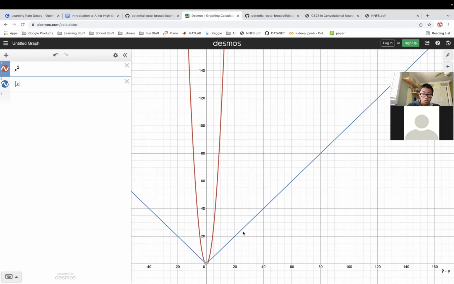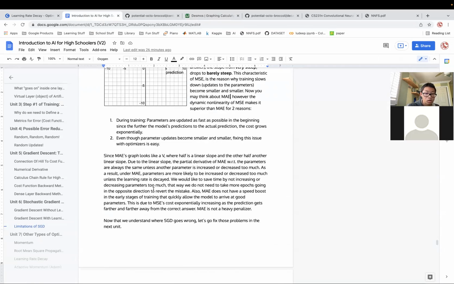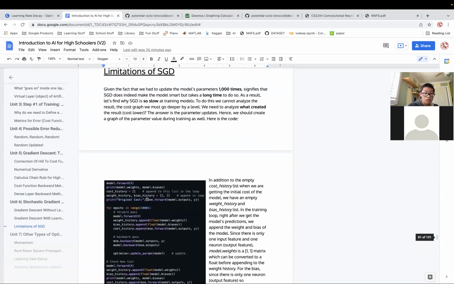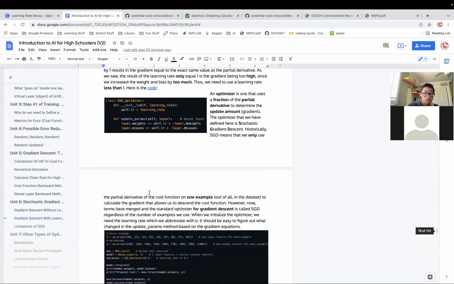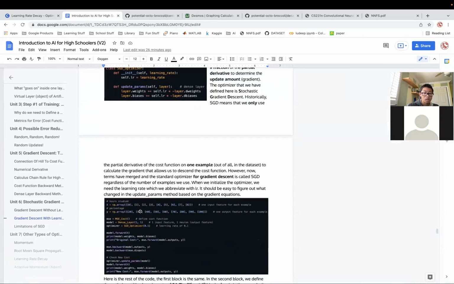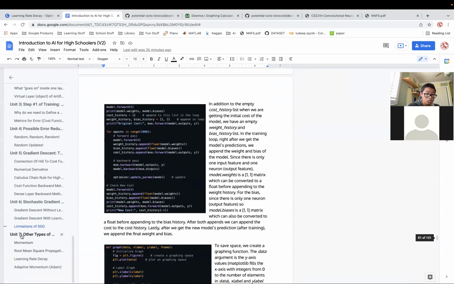So MAE is more robust to outliers, but MSE helps the model learn faster on data sets that don't have a lot of outliers. That's why I'm always using MSE: if you look at our data set, it doesn't have any outliers.